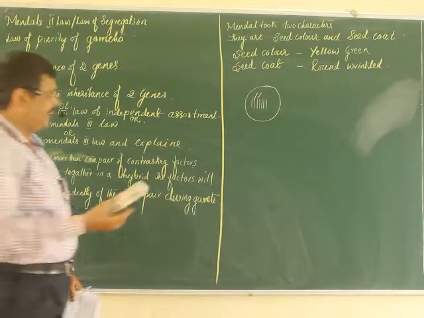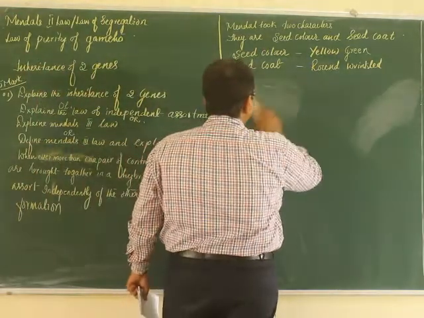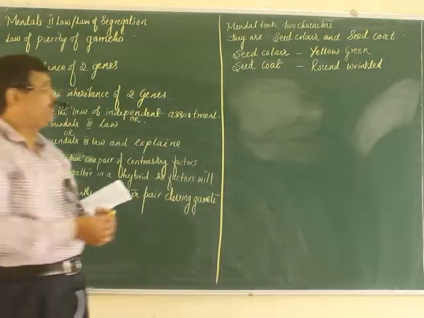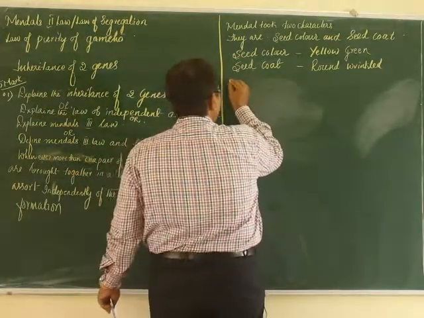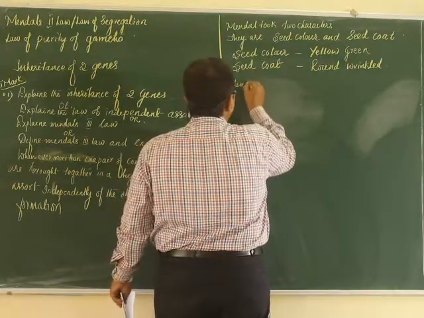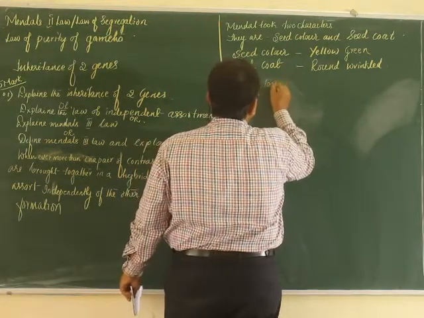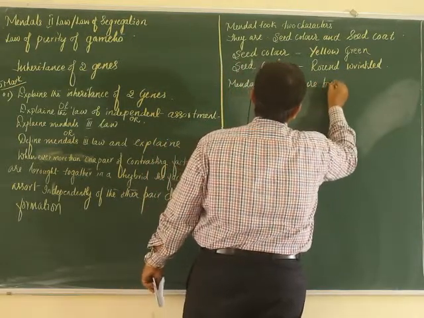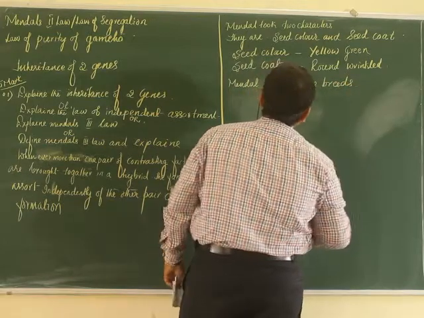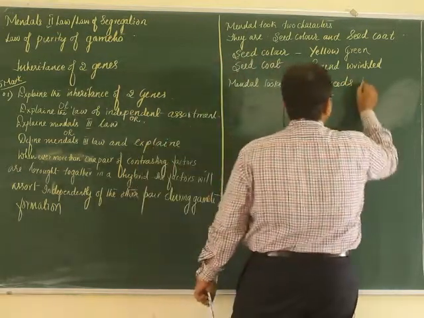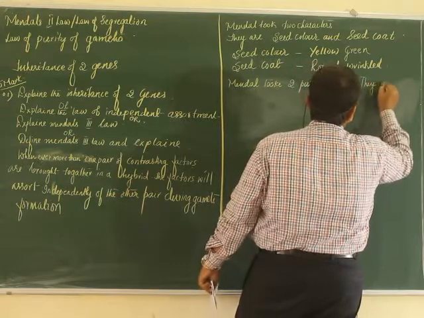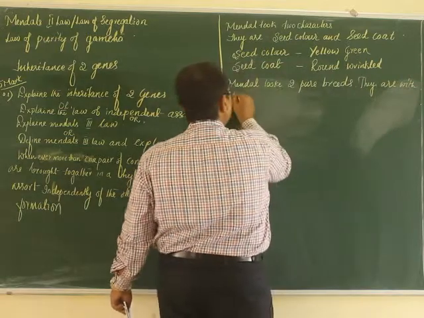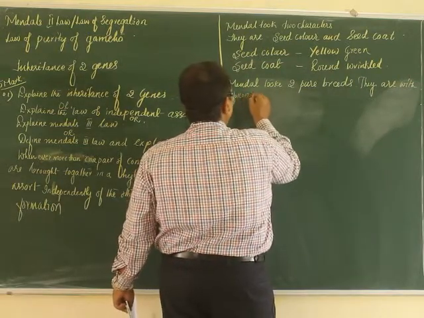So now he took 2 plants, pure breeds. So what you have to write? Mendel took 2 pure breeds. They are with the following phenotype.